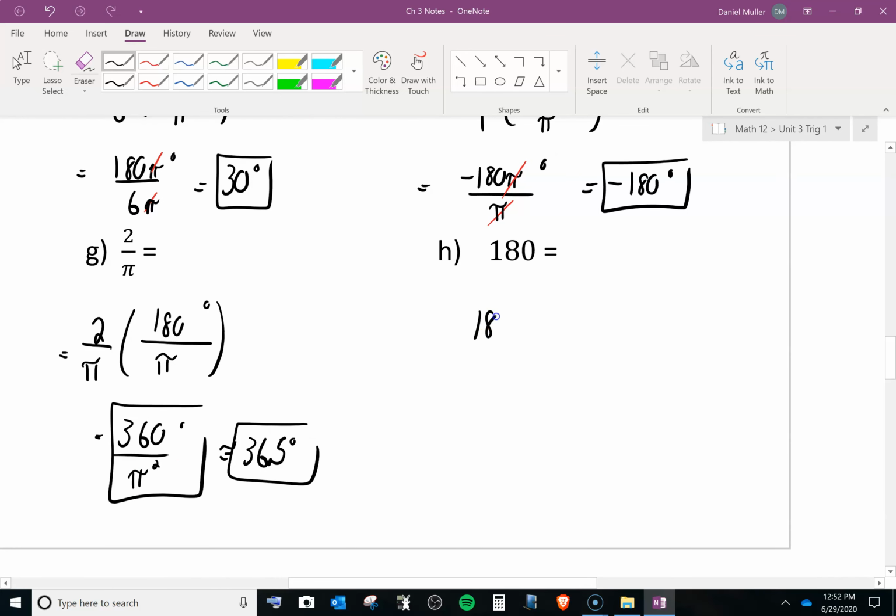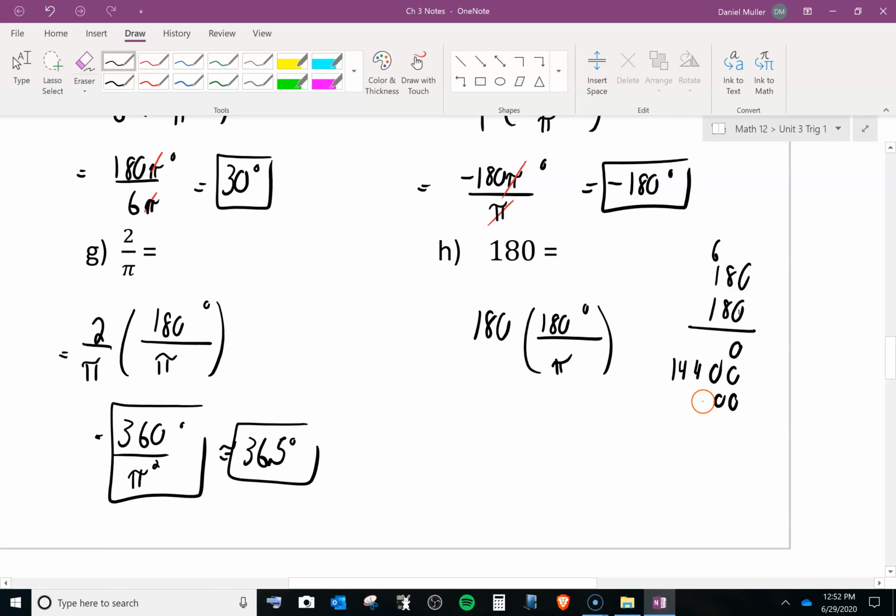Lastly, I have 180, I guess, radians, and I want to get to degrees. I put the degrees on top with 180, and then pi. So then you have to go 180 times 180, which I have no idea what that is. So that's all zeros, and then 8 times 0 is 0, 8 times 8 is 64, and then 14.